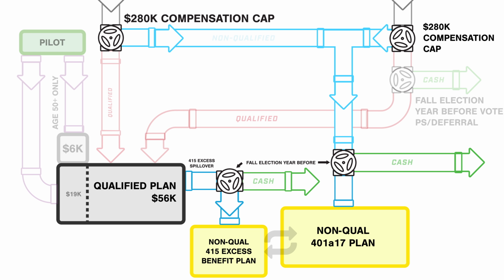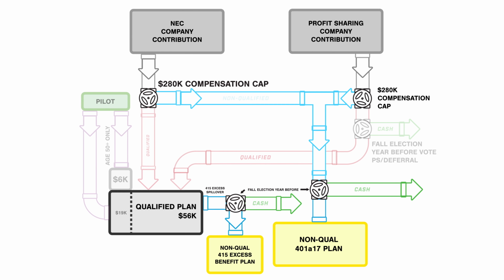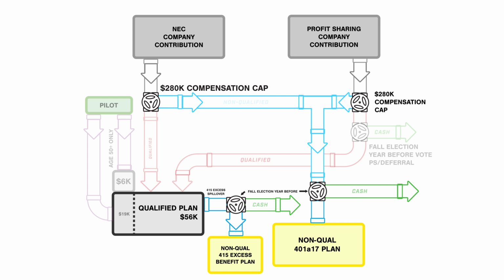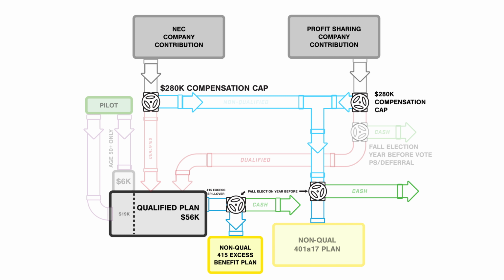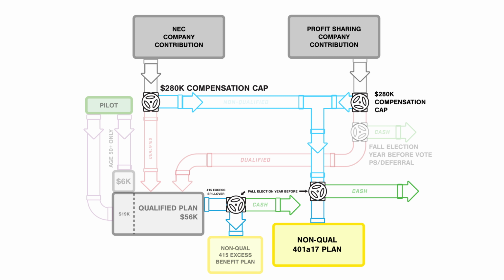The only difference between the two plans is where the non-qualified contributions come from. This plan is funded by money that spills over the 415(c) contribution limit of $56,000, while the 401(a)(17) plan comes from contributions from wages above the 401(a)(17) income limit of $280,000.